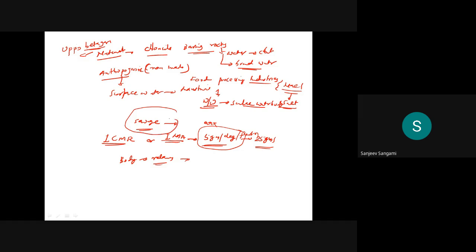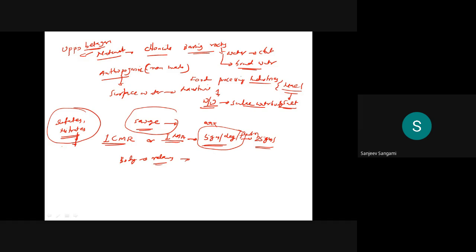That is the source of the chloride. Not only chloride, we also have sulfates and nitrates. These are going to accumulate in the surface water body.